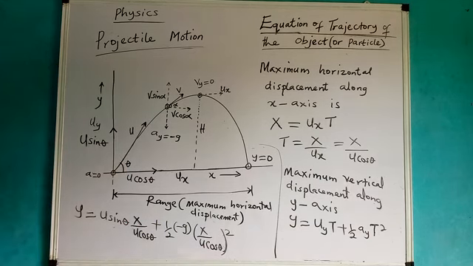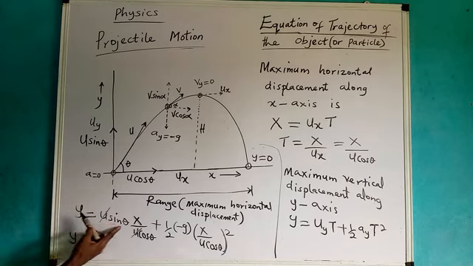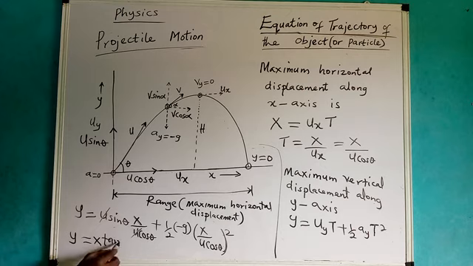Now we can open the bracket. If I open the bracket, this U here can kill U here, and I have sine theta over cos theta, which becomes X tan theta. This minus affects this plus, becoming minus.